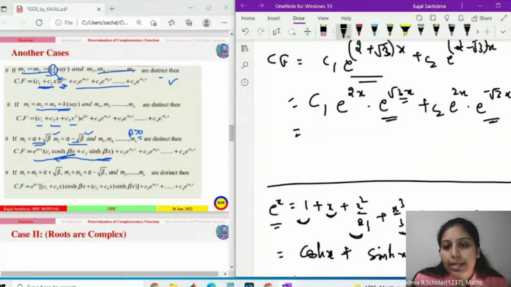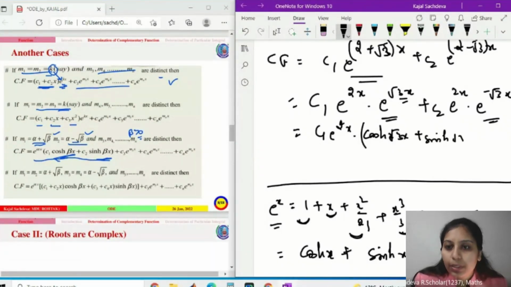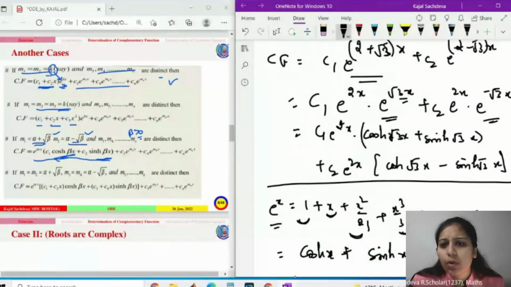So e raised to power x can be written as sine hyperbolic x plus cos hyperbolic x. So just replacing e raised to power root 3x as cos hyperbolic root 3x plus sine hyperbolic root 3x, and likewise replacing e raised to power minus root 3x, that is cos hyperbolic root 3x minus sine hyperbolic root 3x. So just separating out, we will get the required answer.